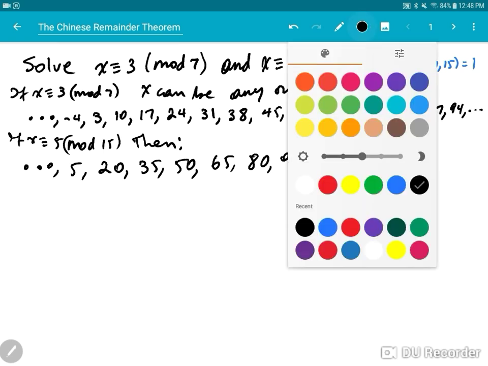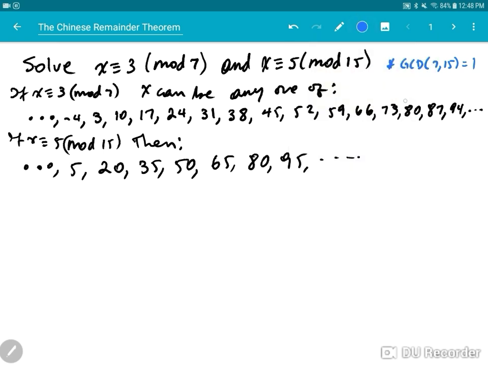And now you notice that there is a common value in this list and also the next list. Notice that 80 is really congruent to 3 mod 7 as well as 5 mod 15. If we continue the search, the next number we get is 80 plus 105.